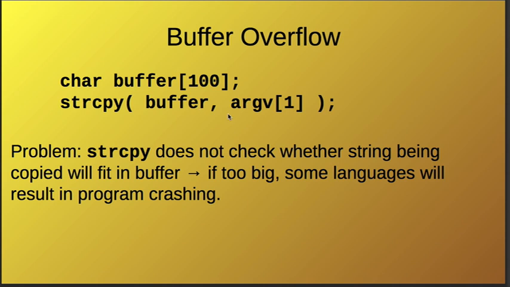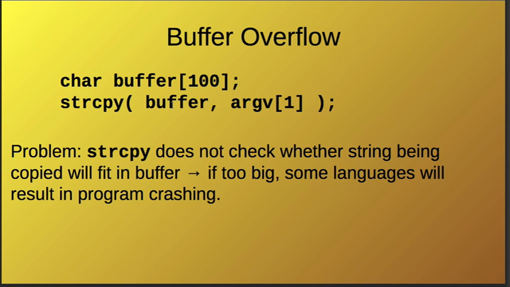Not so much a problem in other programming languages, but in C, this function strcpy does not check whether the string being copied, argv sub 1, a long string, will fit in that variable called buffer. If it is too big, a lot of languages, like Java, for example, will throw an exception and could result in the program crashing.